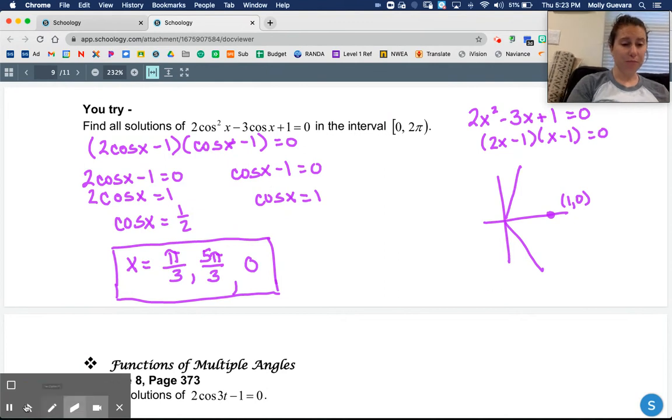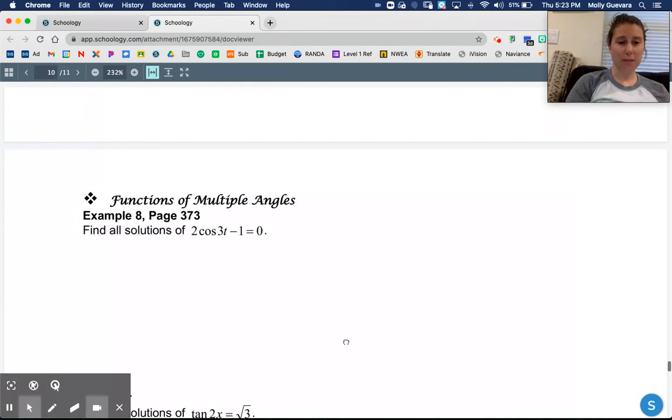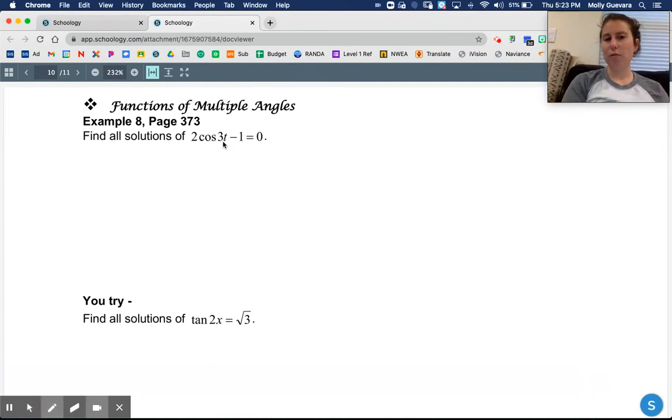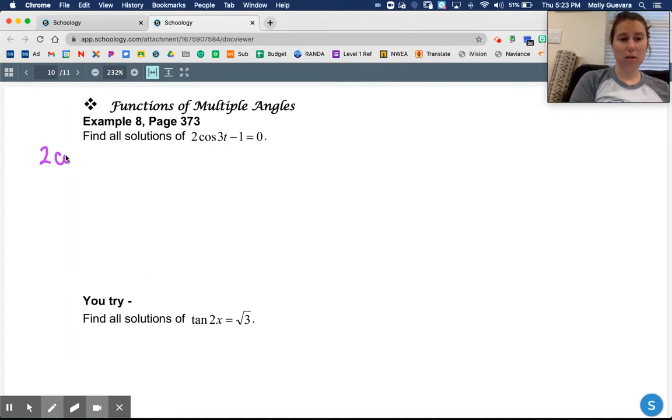Okay. So the next one here is functions of multiple angles. This happens when you have a number in front of your variable or a number inside the trig function. So what happens is you're going to solve this like normal. So I'm going to have 2 cosine of 3t equals 1.